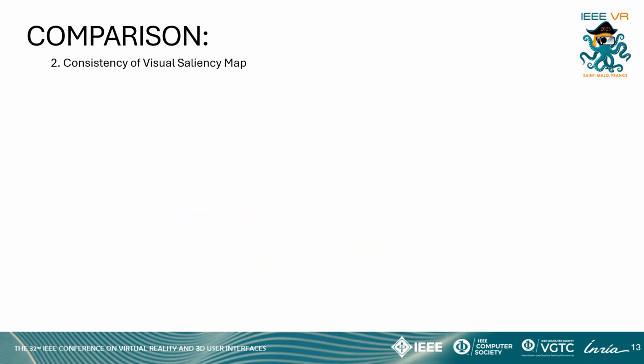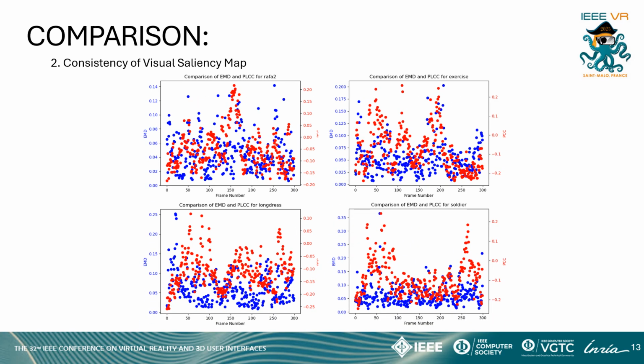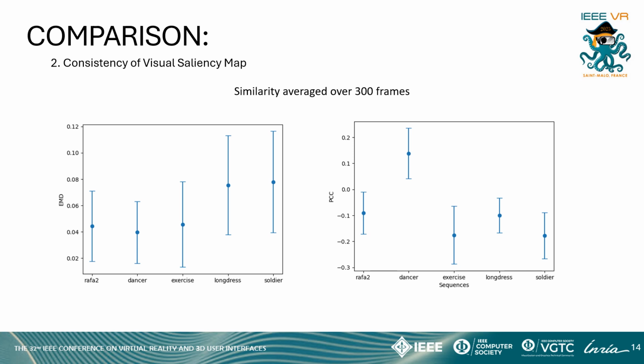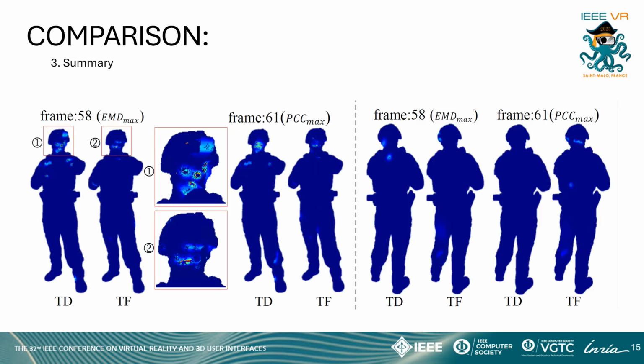Otherwise, there would be enough overlap. We also plot all the visual saliency maps for the other 4 contents, and we can also see they are quite different. We also show the similarity averaged over 3 frames for each content. The score is quite low, which means they are different.